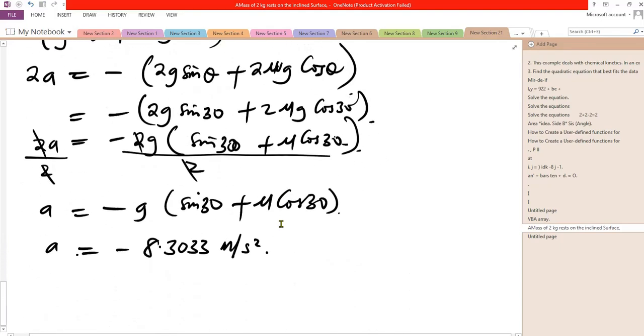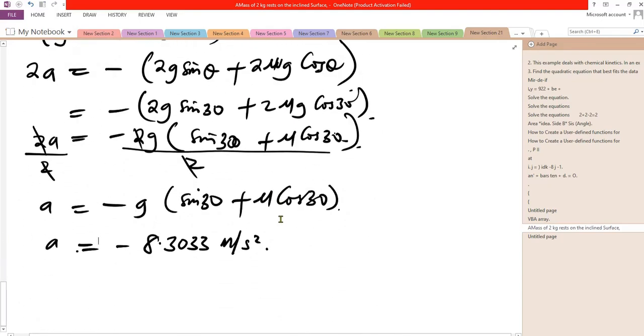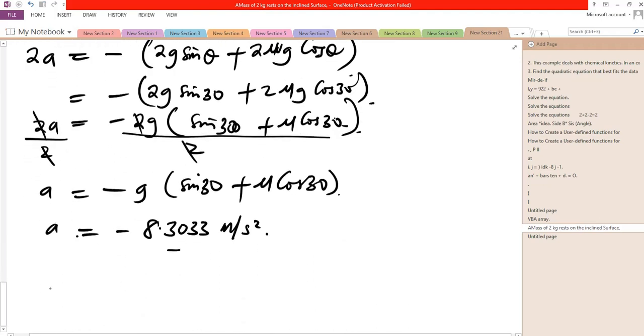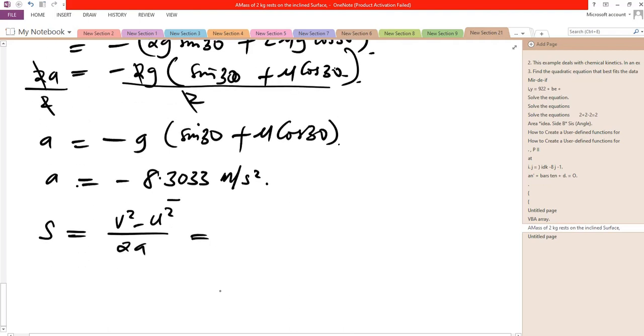Now we use this formula to find how further the object on the inclined plane will go. So the distance it will go is equal to v square minus u square all over 2 times a, which in this case is deceleration.